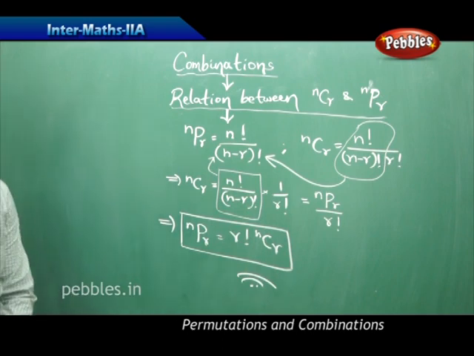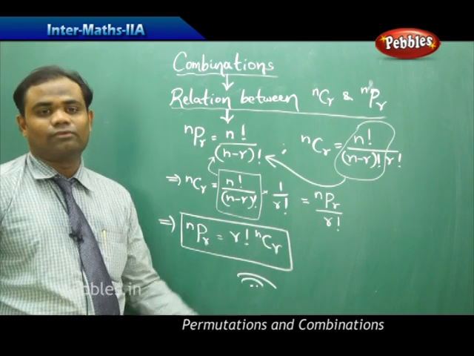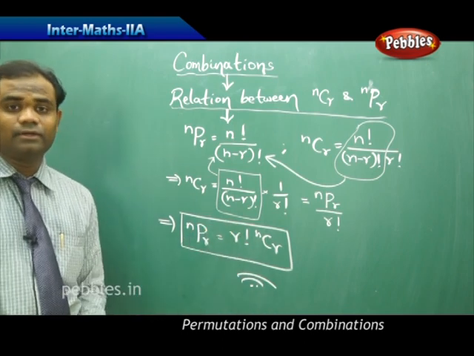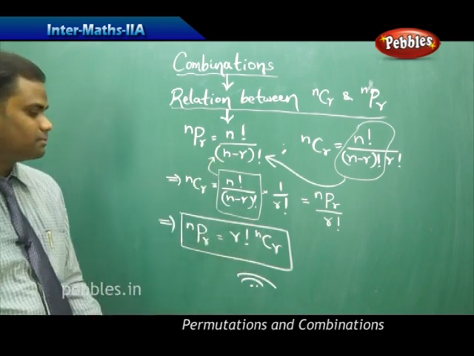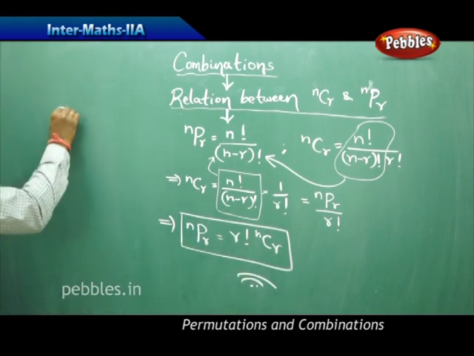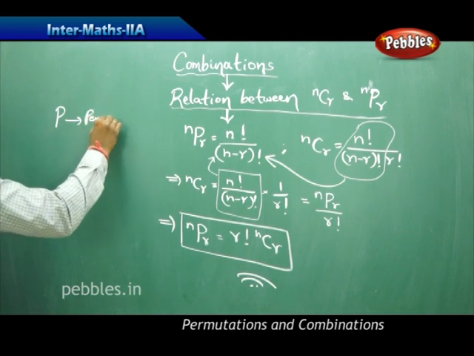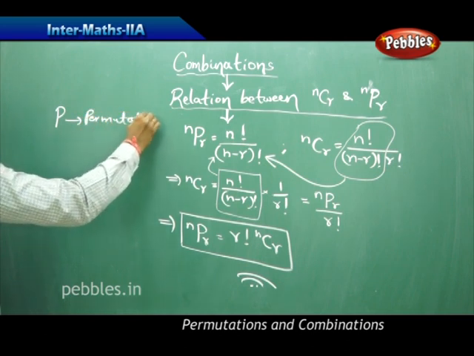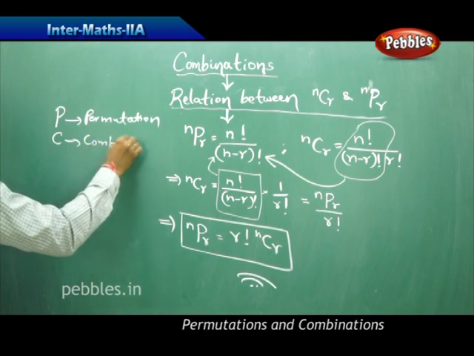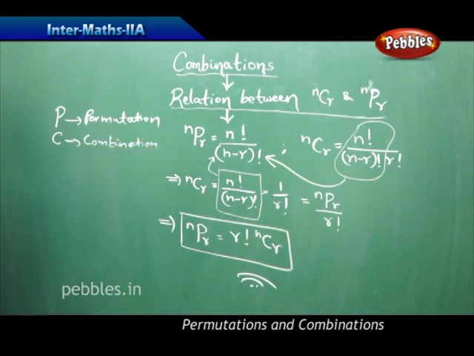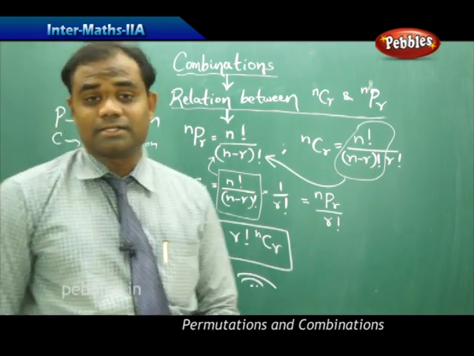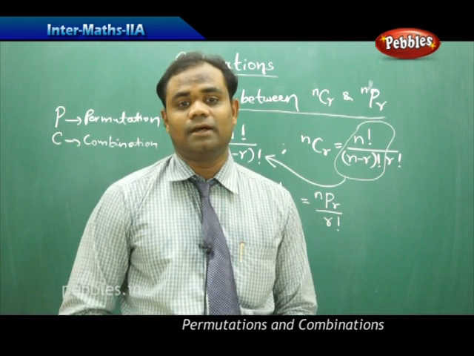Therefore, nPr is r factorial times nCr, or nCr is nPr by r factorial, where P stands for permutation and C stands for combination. Permutation and combination are related with the formula nPr equals r factorial times nCr.